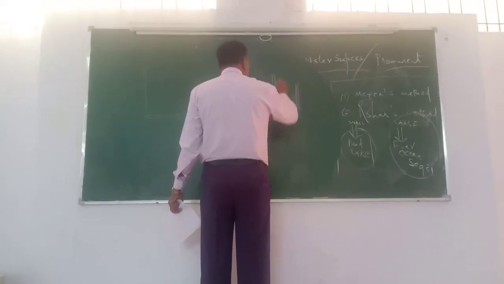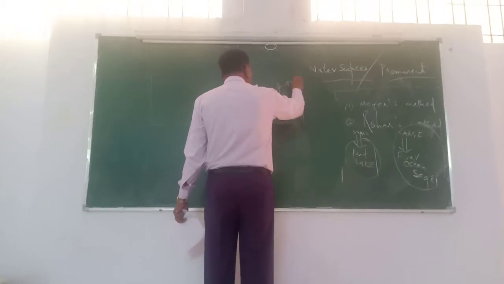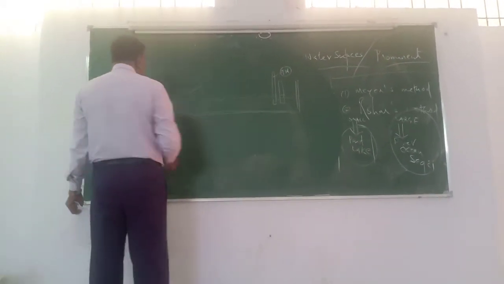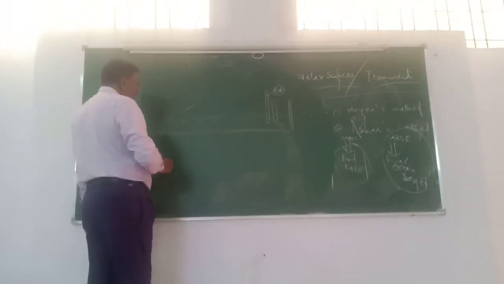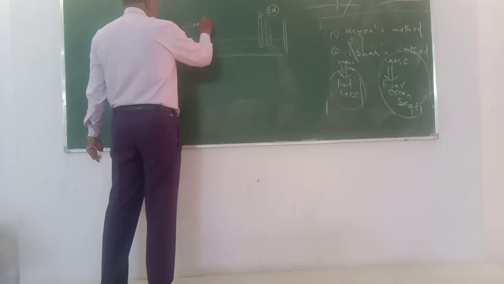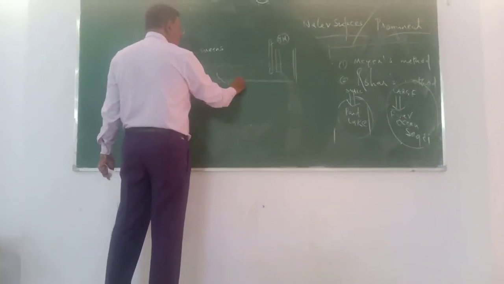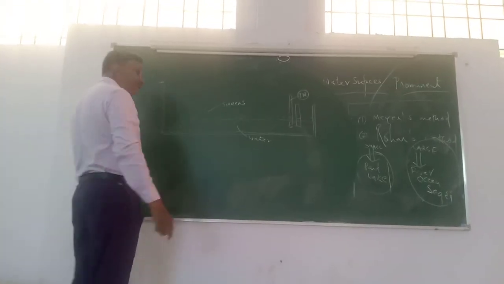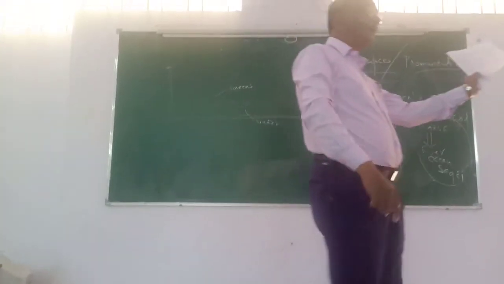These are thermometers, and this is the stilling well. And this particular pan, of course very rough, you can take a neat sketch from the notes.